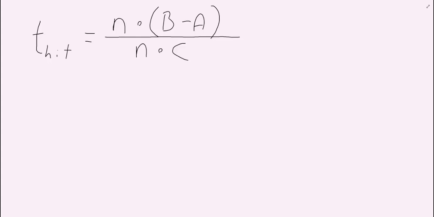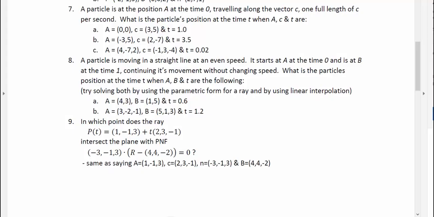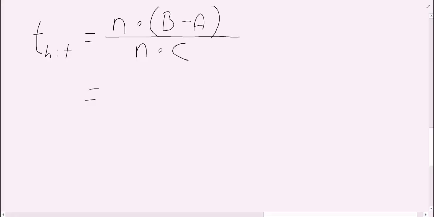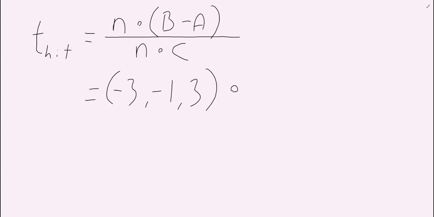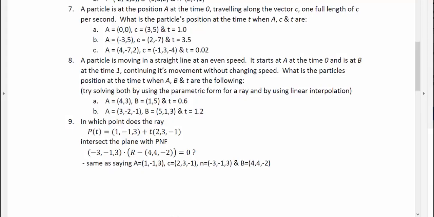So in our particular case, our normal n here is (-3, -1, 3), times (3, -1, 3), dot. So we can just calculate b minus a on the fly. 4 minus 1 is 3. 4 minus minus 1 is 5. And minus 2 minus 3 is minus 5.